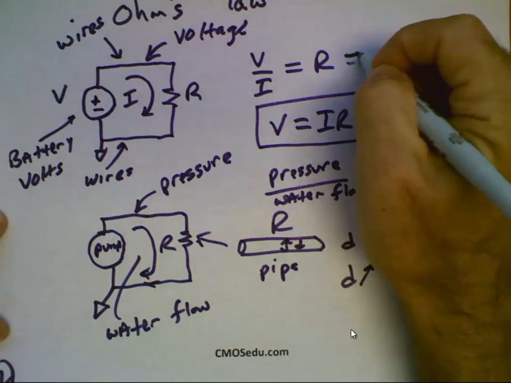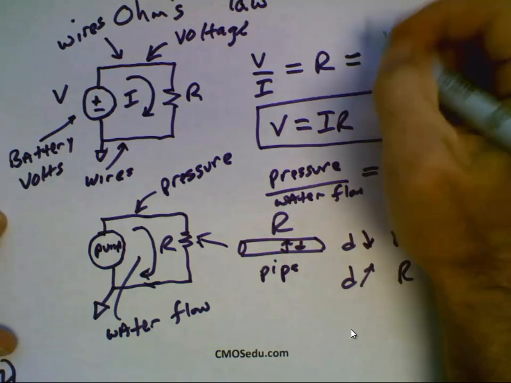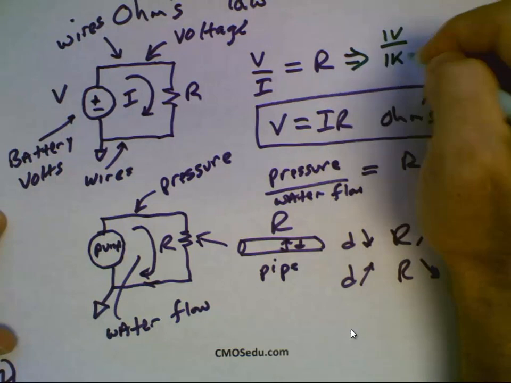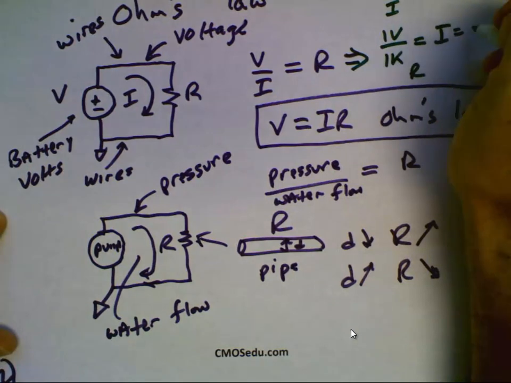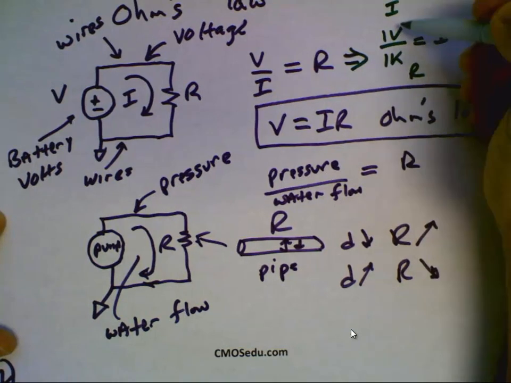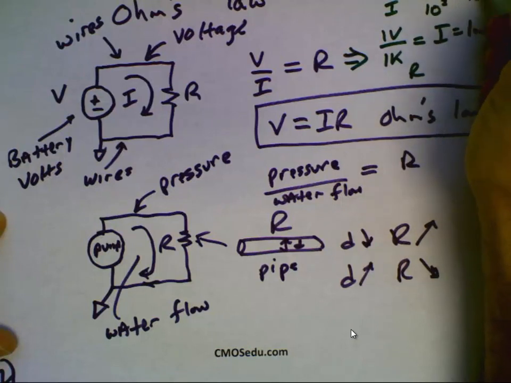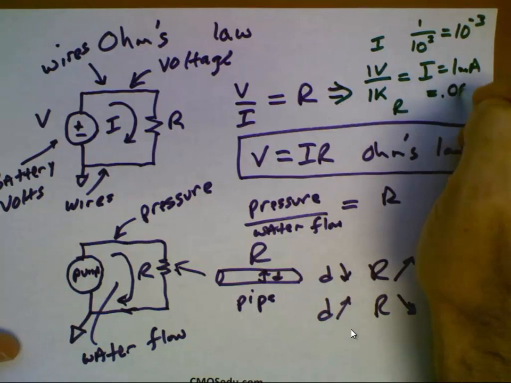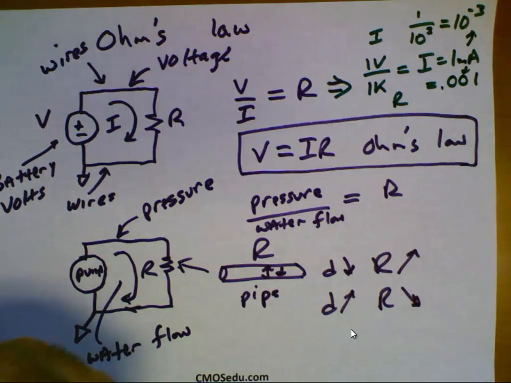If I have 1 volt divided by, whoops, we need to change this and solve for I, over 1 kilo ohm, which is V over R, then the current that flows is 1 milliamp. 1 over 1 divided by 10 to the 3 equals 10 to the minus 3, which is 0.001. So that's correct. Okay, so let's hit escape.